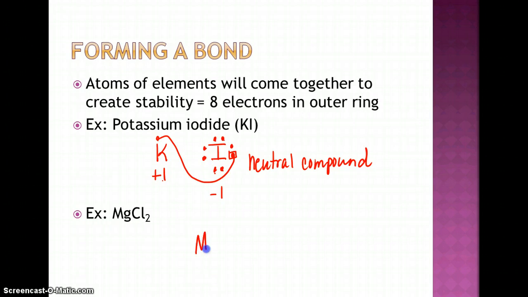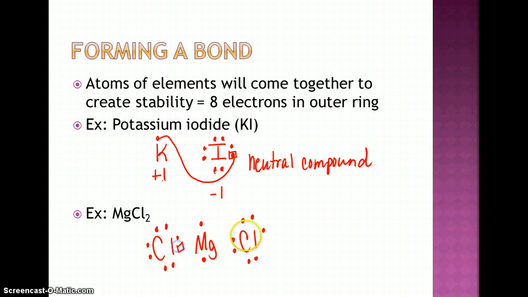My next one, my Mg, is in group 2, so we have 2 electrons. Each of the Cl's have 7. So we'll draw one Cl on that side and my other Cl on the other side.